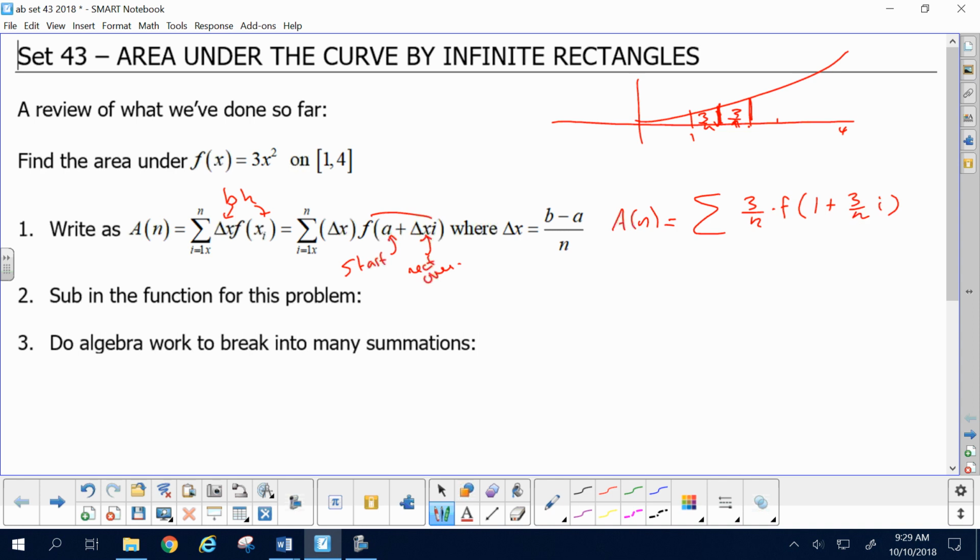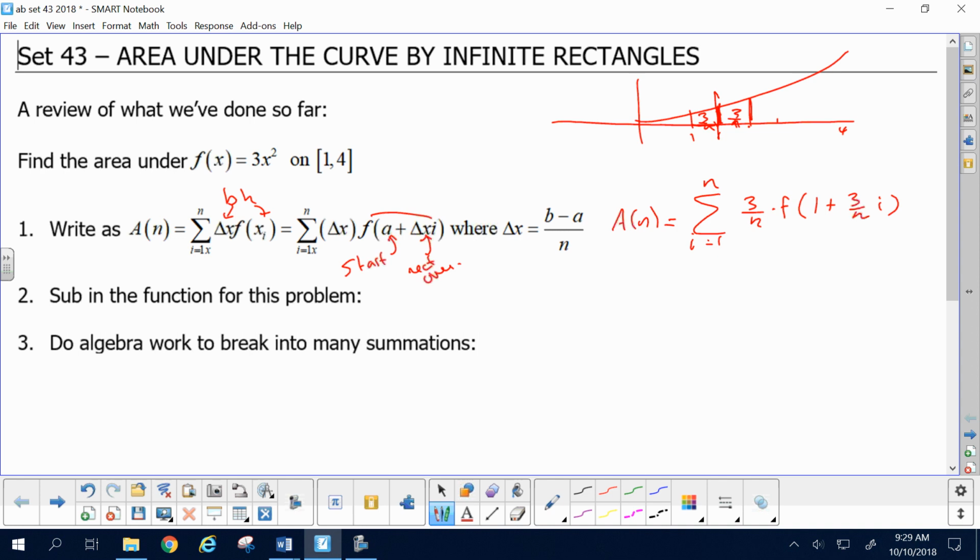Now when I'm using right-hand rectangles, I'm going to start by going exactly 1 3 over n over, so I start by going at 1 and going 1 delta over, and it'll end by starting at 1 and going n, or whatever the number of rectangles you want me to draw. You follow? Okay?